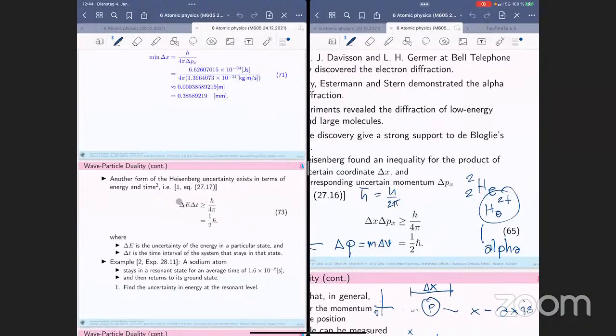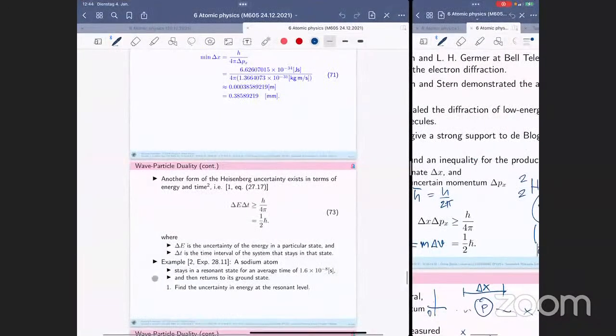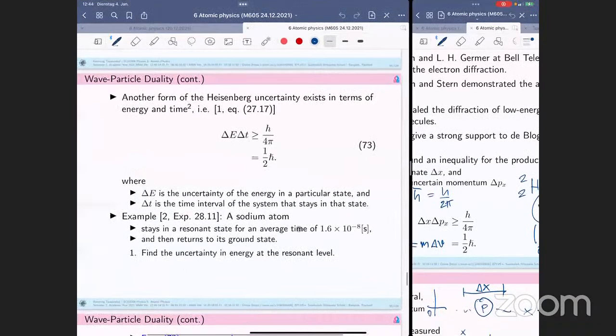The product between the quantity delta E, the energy, and delta T, the time, is always greater than h by 4 pi or h/2. All right. Delta E is the uncertainty of the energy in a particular state, and delta T is the time interval that the system stays in that state.